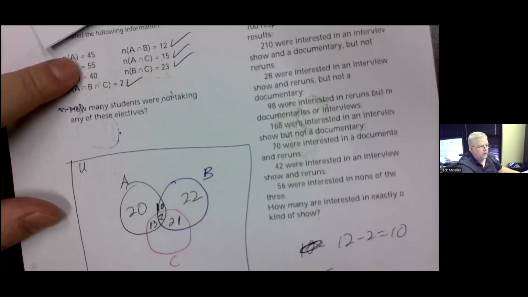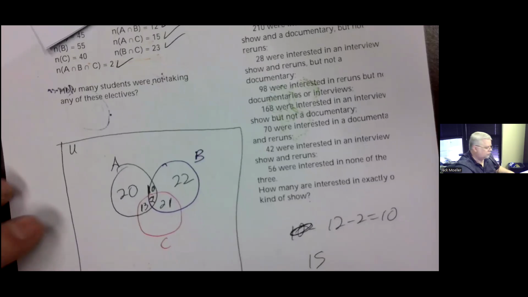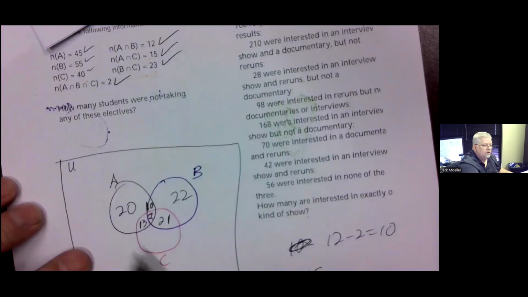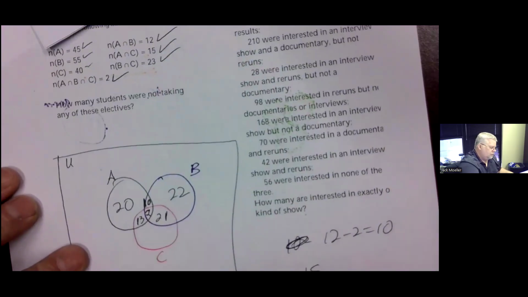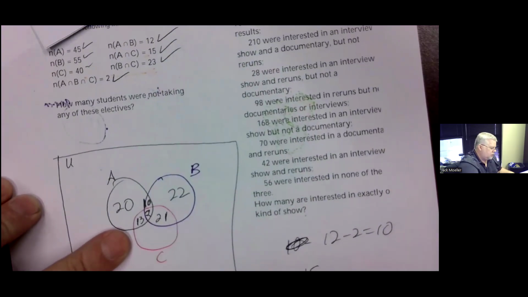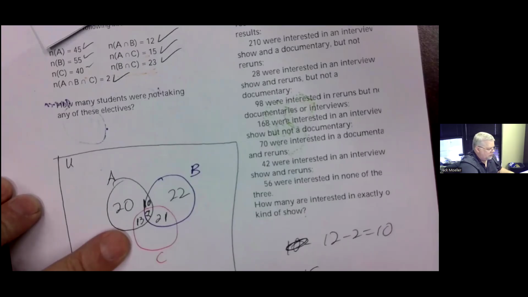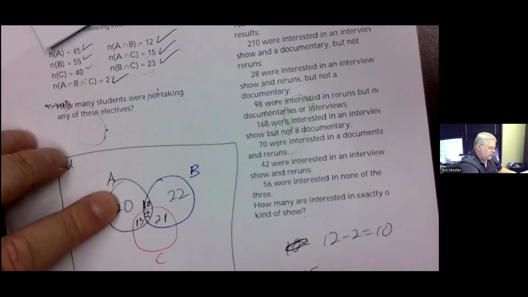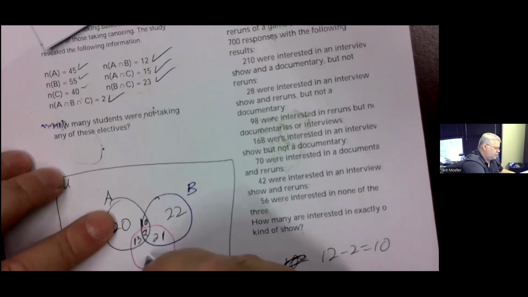So 22 go there. Okay, and then for C, there's a total of 40 in this circle. We accounted for 13 and 2, 21, 6, there's 36. There are 40 total in C. So 40 minus 36 gives us 4.